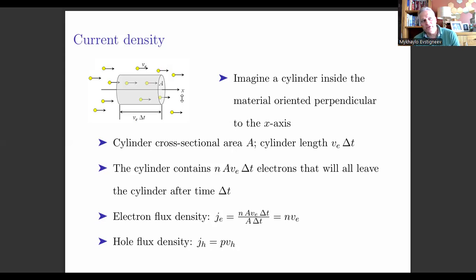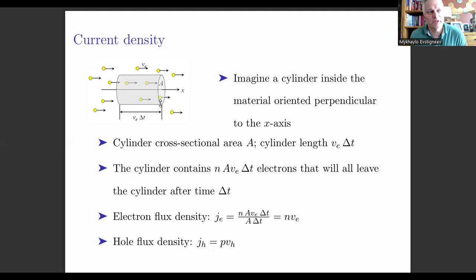Let's call the base area of the cylinder A. And the length of the cylinder, let's call it V delta T, where V is the electron average velocity and delta T is some small time interval. After time delta T, all electrons that initially were inside the cylinder will get out of the cylinder through the right base.